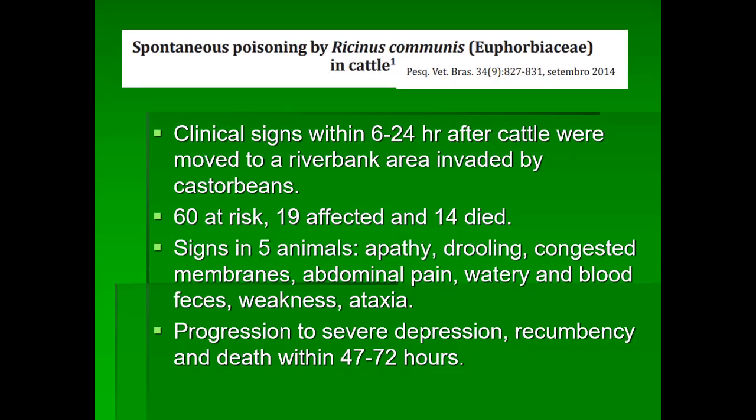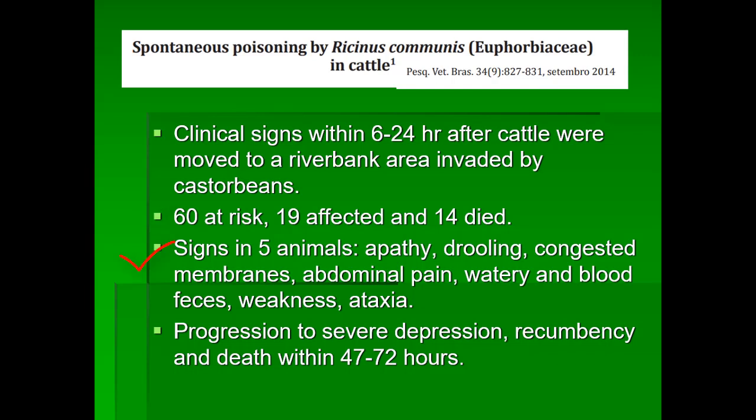Here is a case of castor bean poisoning in cattle. It happened in Brazil, and the clinical signs appear within 6 to 24 hours after the animals were moved to a riverbank that was invaded with castor bean plants. There were 60 animals at risk, and 16 became sick, and of those 14 died.